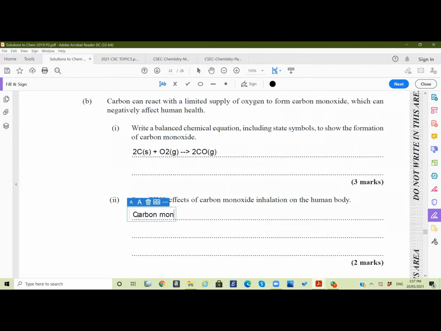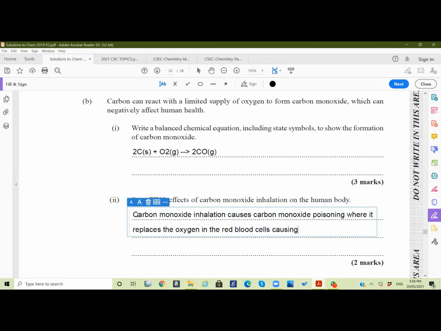All right, so carbon monoxide inhalation causes carbon monoxide poisoning, where it replaces the oxygen in the red blood cells, causing dizziness, fatigue, loss of consciousness, or even death.